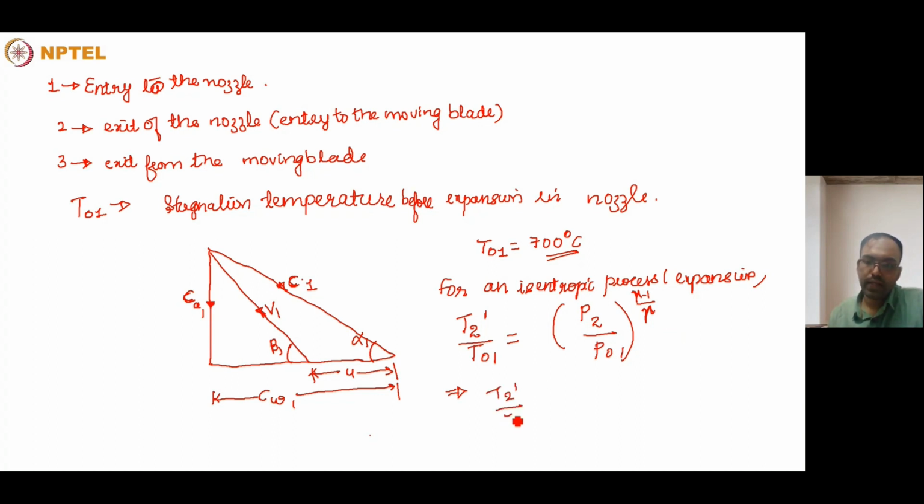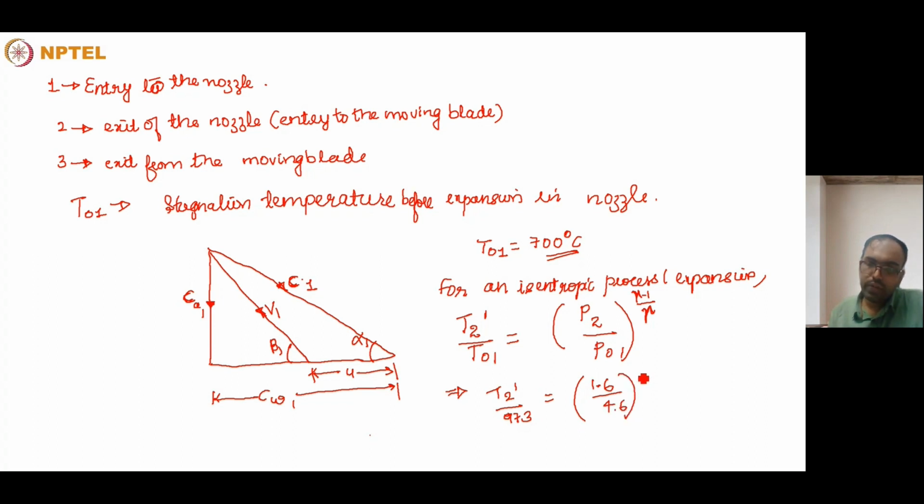T2 dash divided by 973 is equal to P2, given as static pressure at the mean radius 1.6 bar at the exit of the nozzle or the inlet to the moving blade, divided by P01, the stagnation pressure at the inlet, 4.6.